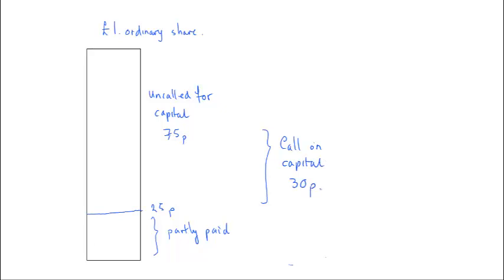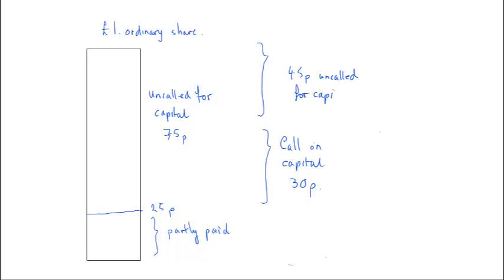So each shareholder will have to pay 30 pence for every share that they own. This is now called-up share capital, and once it's paid over to the company, it becomes paid-up share capital. However, there is still, on this particular company, 45 pence, being a pound less the 30 and the 25 that's already been called for, of uncalled capital.